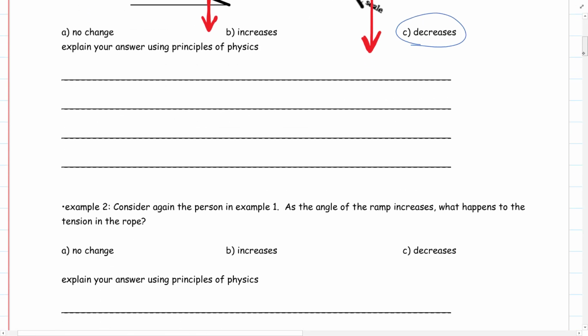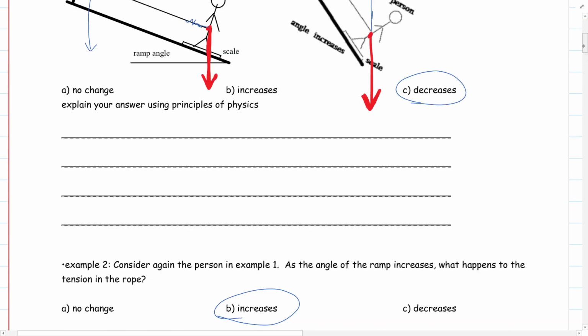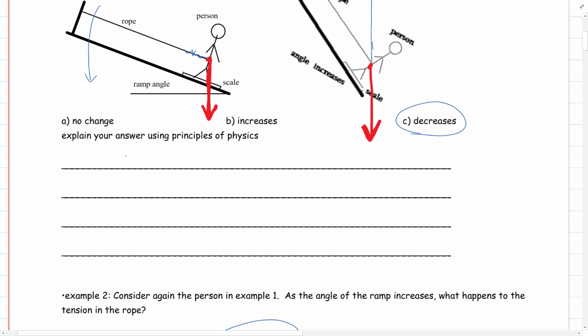And can you consider the same thing, what happens to the rope? Well, the rope is definitely increasing, because the sum of the forces still has to equal 0. And the scale here is going to be doing most of the work because the scale is going to be pushing in this direction.